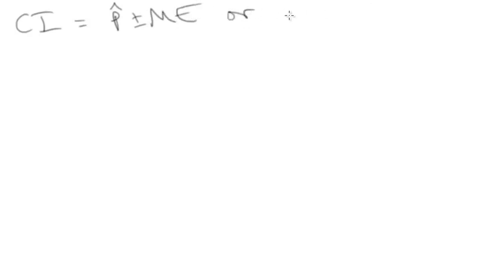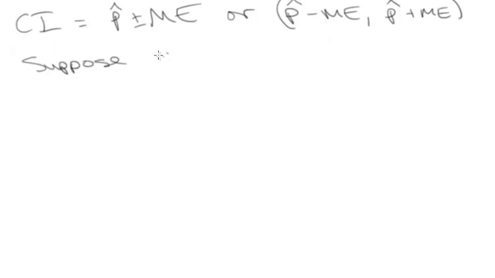Or we could look at it as the sample proportion minus the margin of error and the sample proportion plus the margin of error. Now, the question is, can we bop back and forth between the two? So suppose this is our margin of error. Suppose this is our confidence interval.